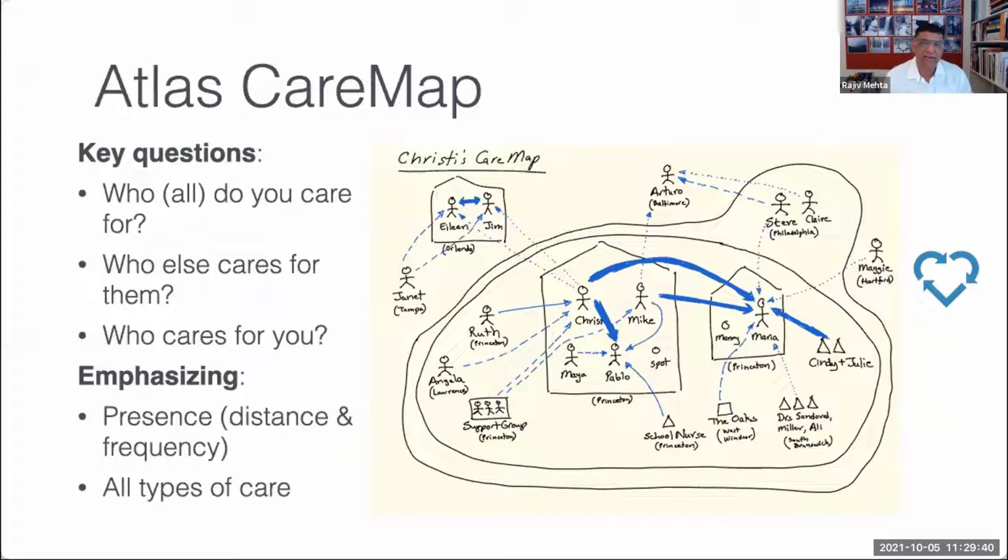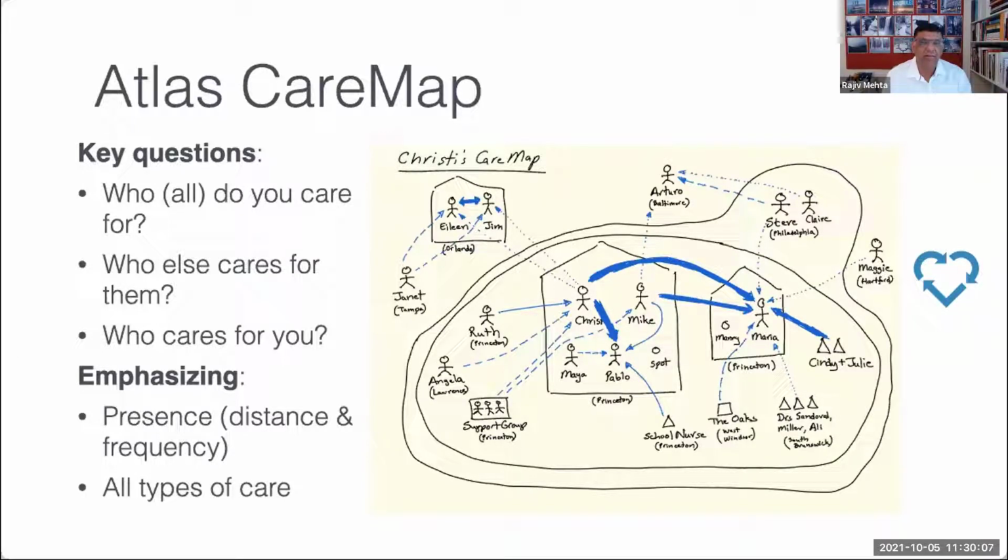And the diagram emphasizes presence in two different ways: the people who are involved more frequently get big fat arrows, where the people who are connecting infrequently get dotted lines, but also in the sense of space. So the people who live nearby or in your own home are near you in the diagram, where the people who live far away, often Hawaii or wherever, are at the edges of the paper.